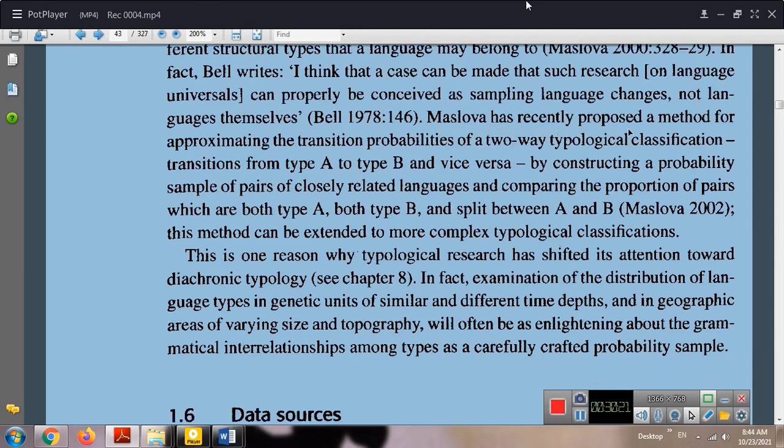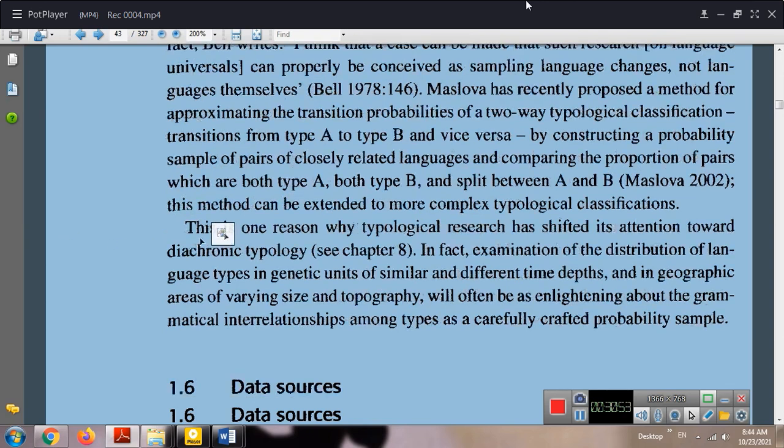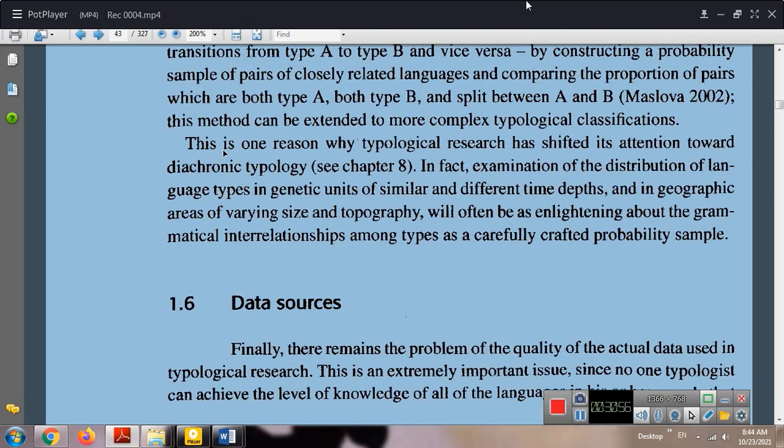Maslova has recently proposed a method for approximating the transition probabilities of a two-way typological classification, transitions from type A to type B and vice versa, by constructing probability samples of pairs of closely related languages and comparing the proportion of pairs which are both type A, both type B, and split between A and B. This method can be extended to more complex typological classifications.